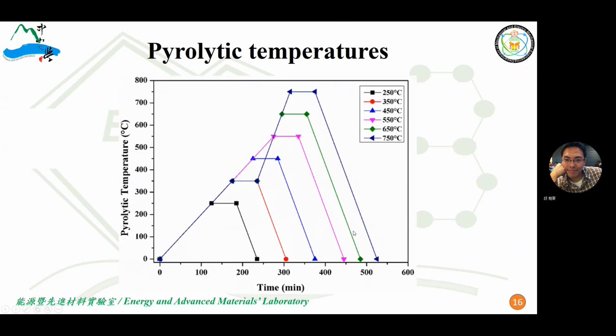And this is our heat treatment process. We have different final temperatures: 750, 650, and 550, and so on, which is heat treated at different pyrolysis temperatures. So we spray-coated this polysilazane precursor on this commercial carbon fiber and heat treated it at different pyrolysis temperatures.